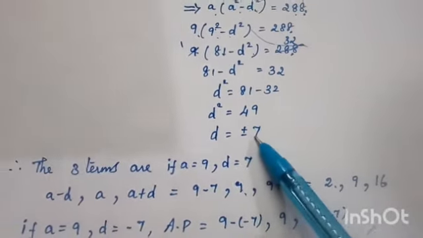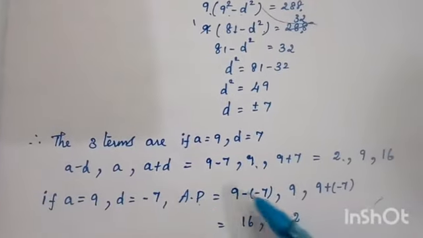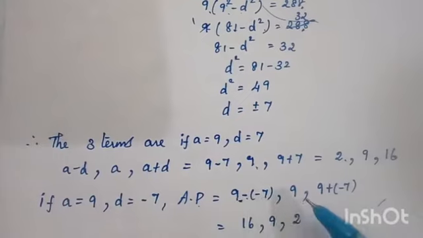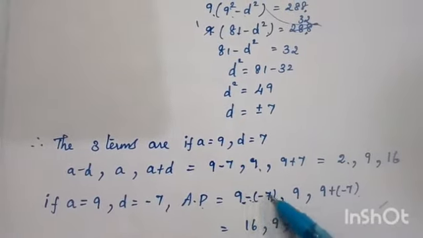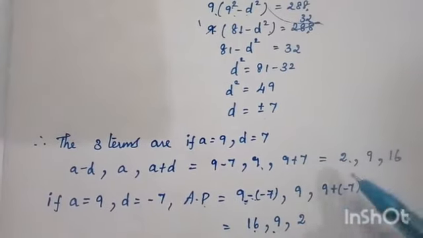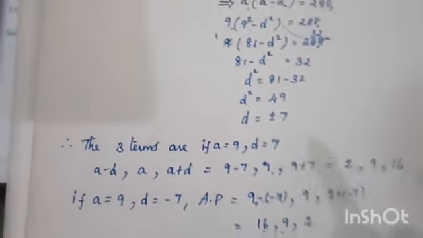For another d value, minus 7: if a equal to 9, d equal to minus 7, the AP is 9 minus of minus 7, comma 9, comma 9 plus minus 7. That becomes 9 plus 7 is 16, comma 9, comma 9 minus 7 is 2. So 16, comma 9, comma 2.